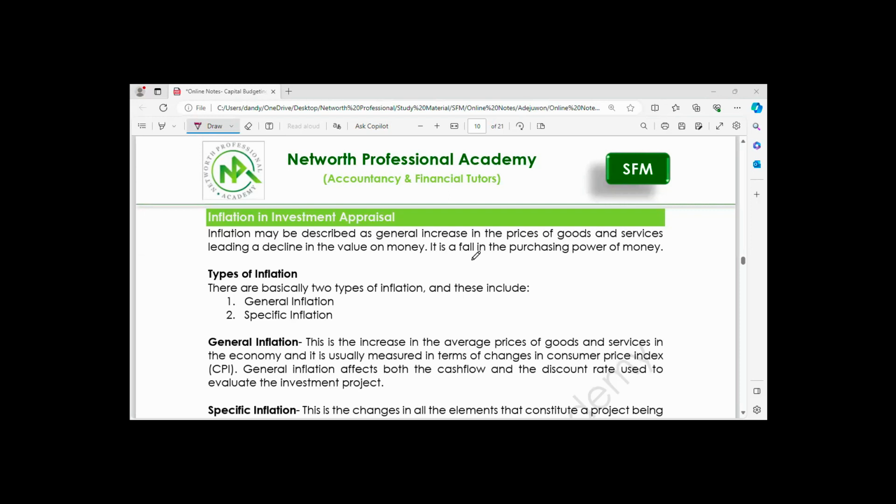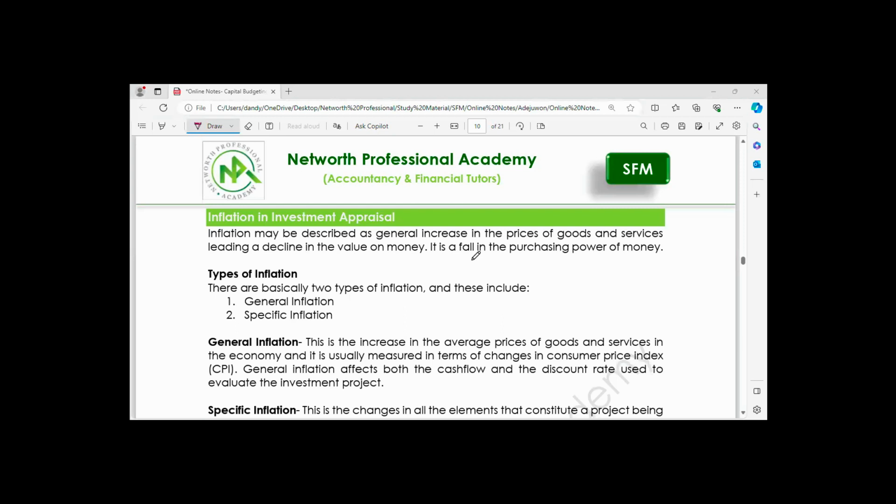Okay, so for the purpose of determining the financial viability of a project, there are two types of inflation. One is general inflation. The second one is specific inflation. In most cases, on the day of your exam, all the variables that make up the project under consideration will be affected by different inflation rates.